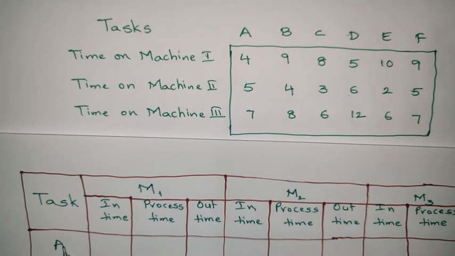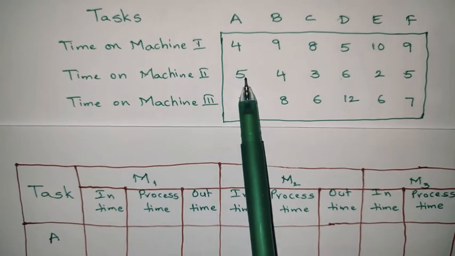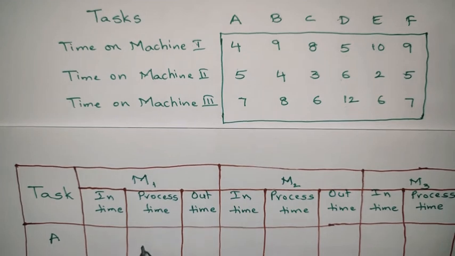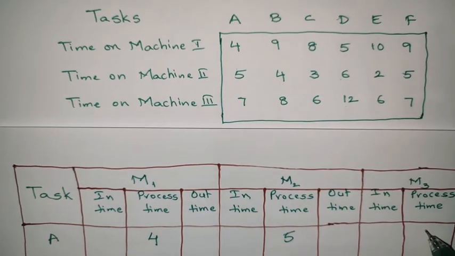For the first task A, the process times are 4, 5 and 7.